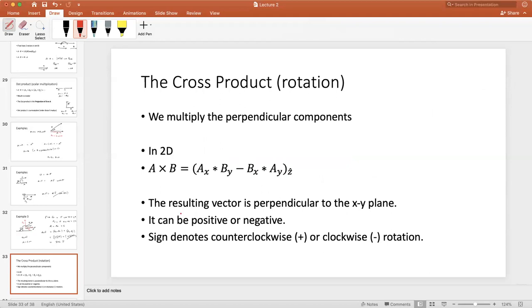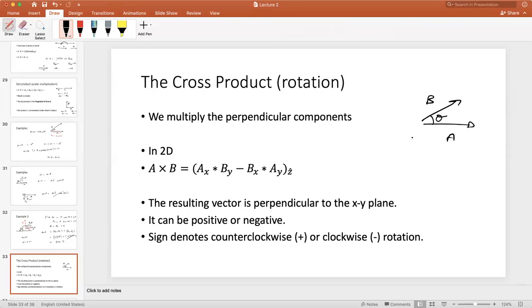In the cross product, when we have A and B, let me actually switch those for reasons that will become apparent later. But so I have a vector A and a vector B, and A lies along the x-axis again, and B is some angle between A and B off of A and the x-axis.